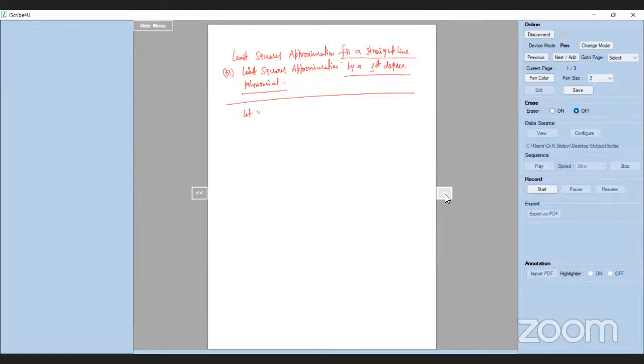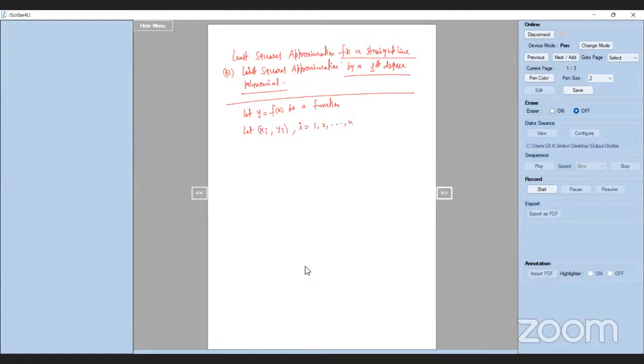Let y is equal to f of x be a function. We know that. And let (xi, yi), where i is equal to 1, 2, and so on, n.